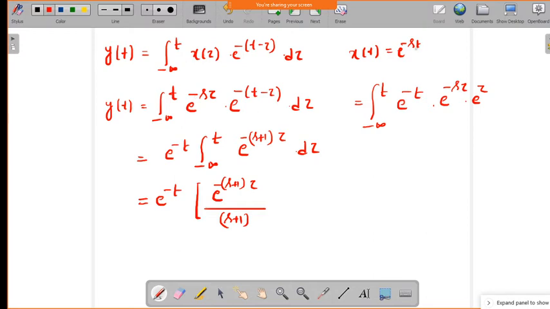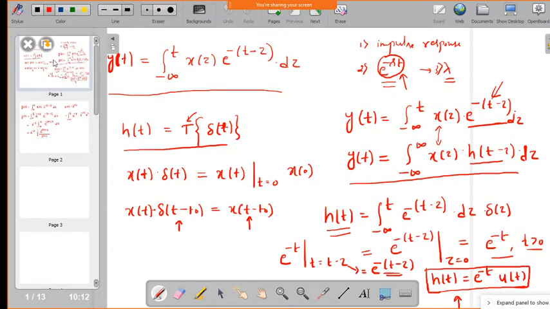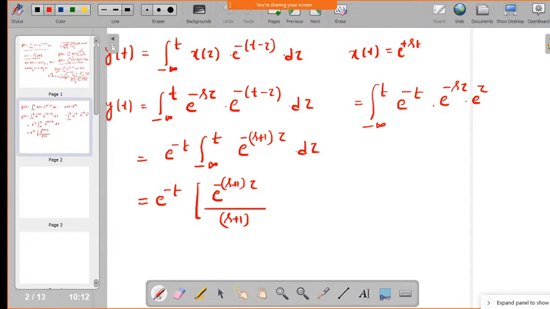Sorry, this is e power plus st. In the earlier part also, take the input as e power plus st, where s is the complex variable. That is what you have to input here. So this is plus st, and here also it is plus st. So you will get e power s plus 1 into tau.